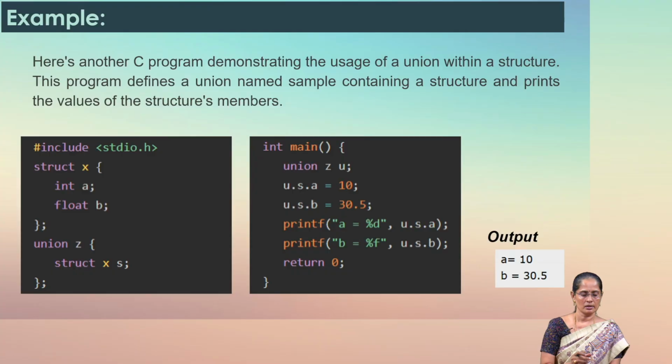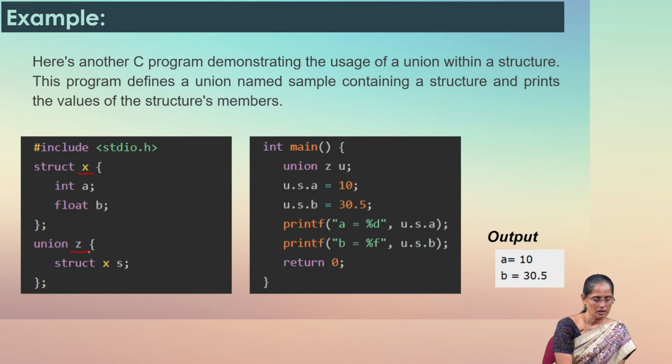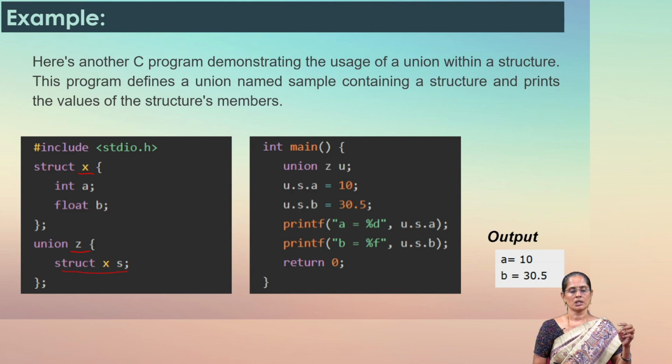Here we can see I am defining a structure named X with 2 members and we are defining a union named Z. One of the members of that union is going to be the structure. So, the concept of structure within union.